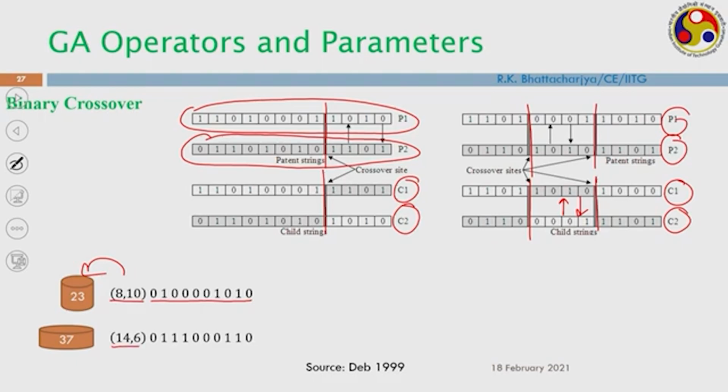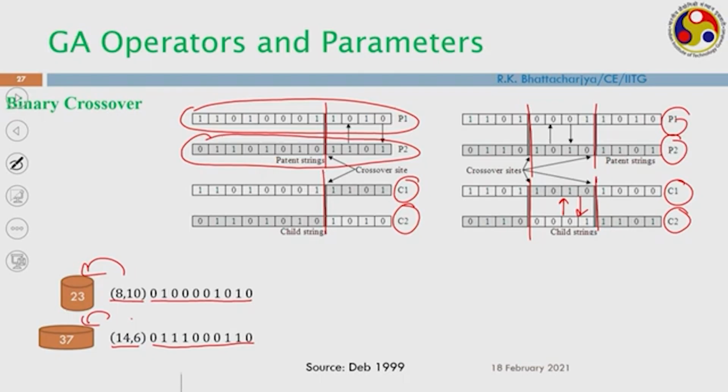So, these two solutions we are picking randomly. The corresponding chromosome is 0 1 1 1, then 0 0 0 1 1 0. So, this is the string, and the corresponding decoded values are 14 and 6, and then the corresponding cost value is 37.